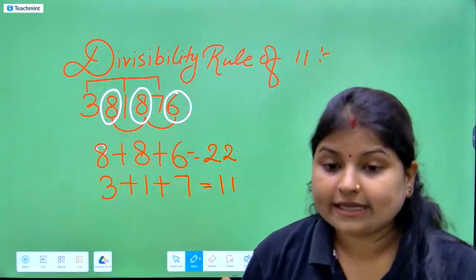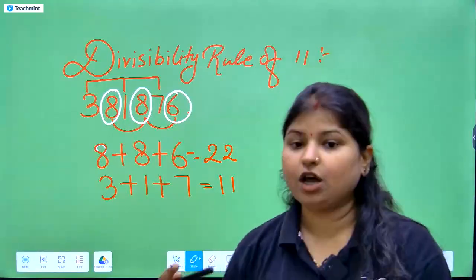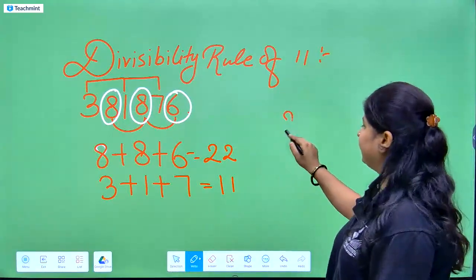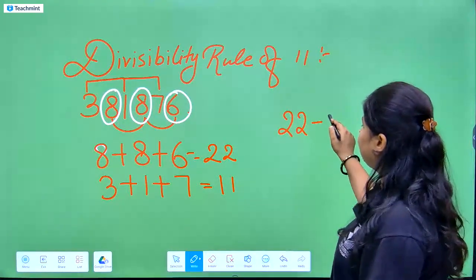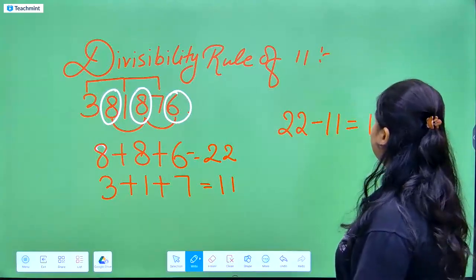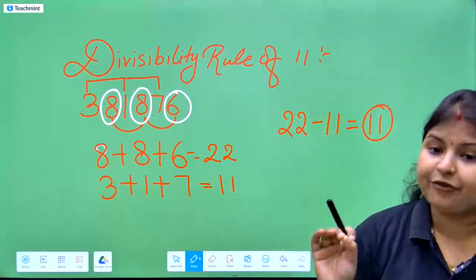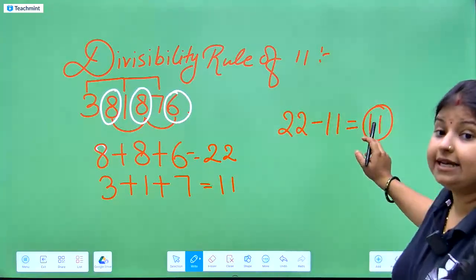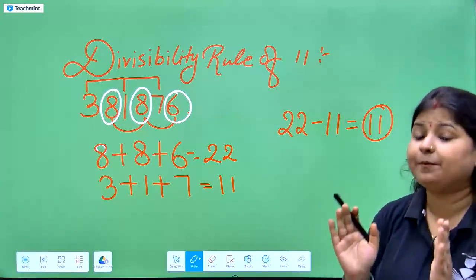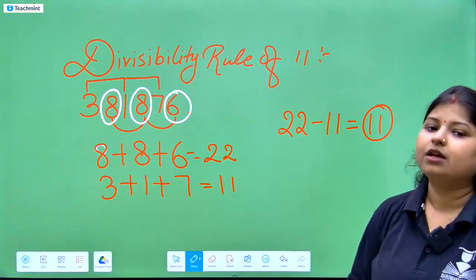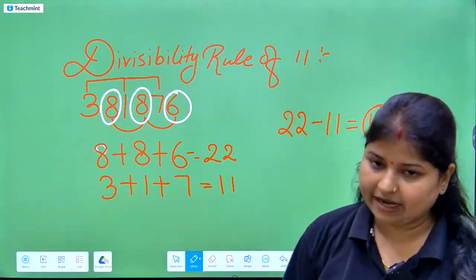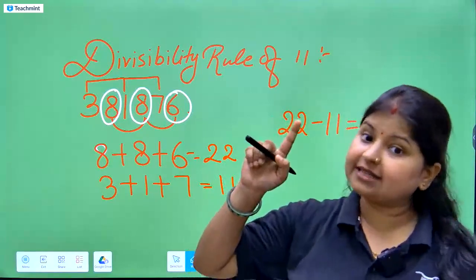Now, whatever the results are, beta, you have to subtract them. So my results are 22 and 11. I will subtract them. 22 minus 11 is 11. If the result is divisible by 11, the number is also divisible by 11. Just like in 7, we did in 7, right?